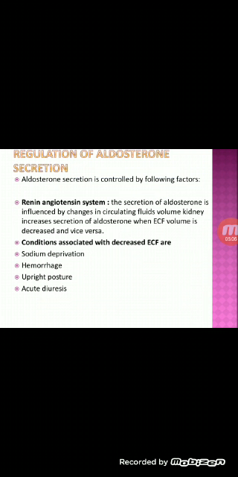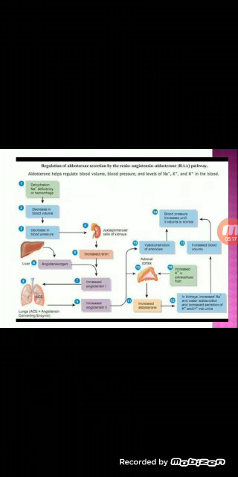Then the regulation of aldosterone secretion. Aldosterone secretion is controlled by the following factors, that is the renin-angiotensin system. You can see when there is dehydration or sodium deficiency or hemorrhage, there will be a decrease in blood volume and a decrease in blood pressure.